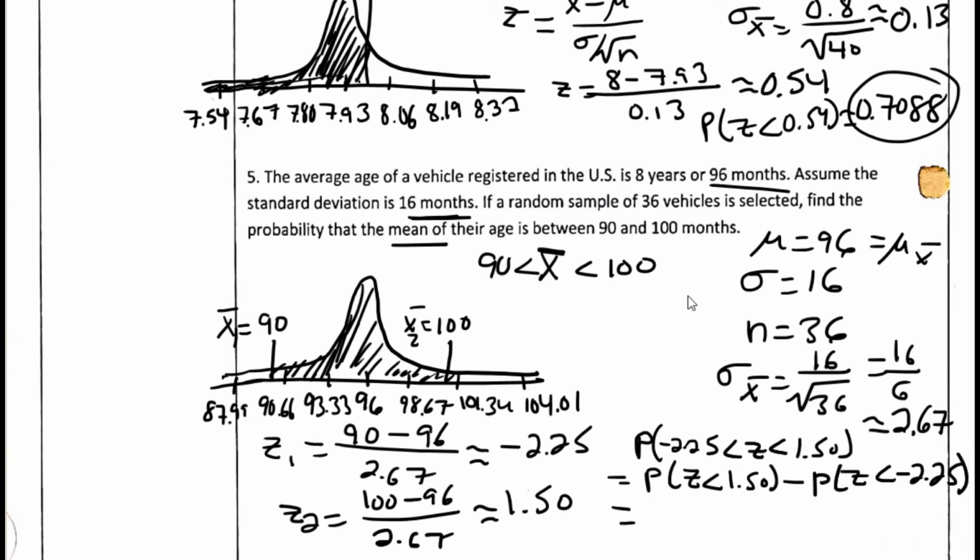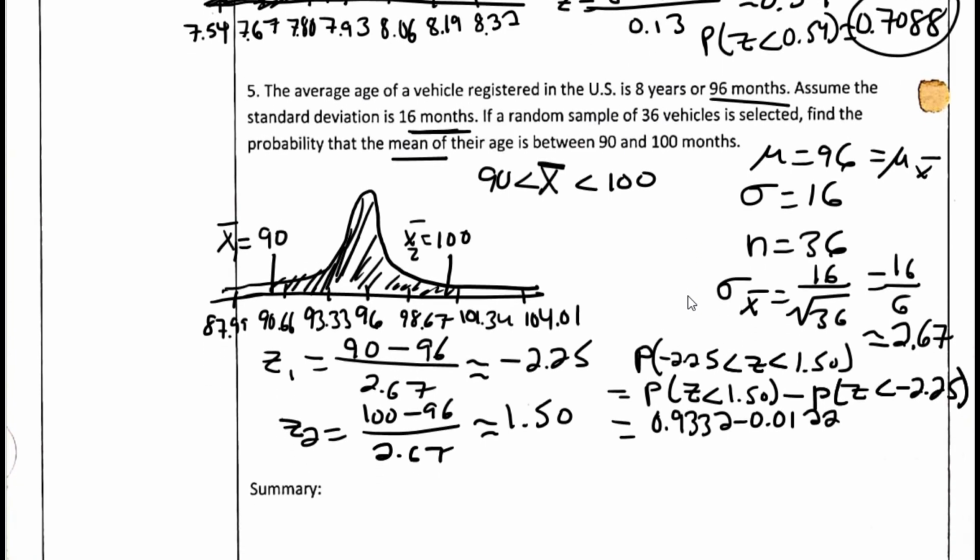So we've got to find both of those on the table. So the first one is 0.9332. The next one is 0.0122. So you do that, you get about 0.9210.